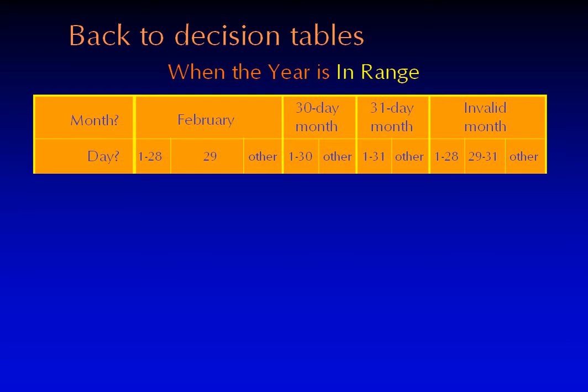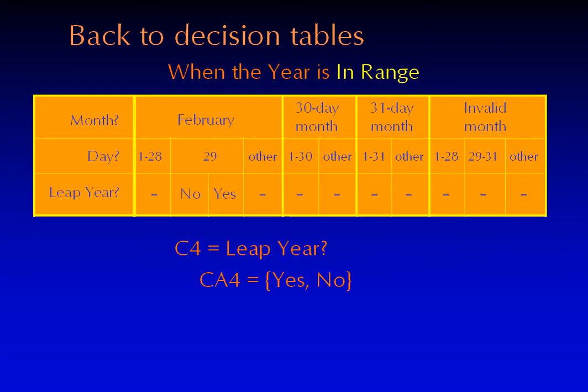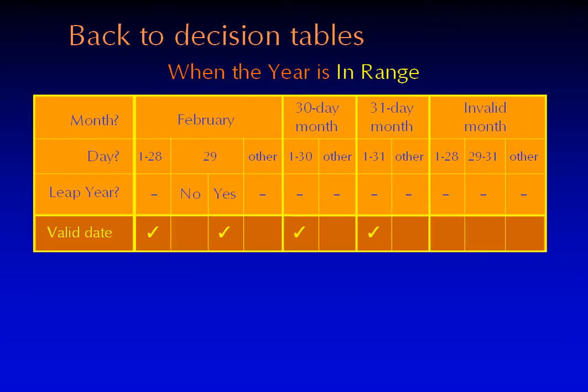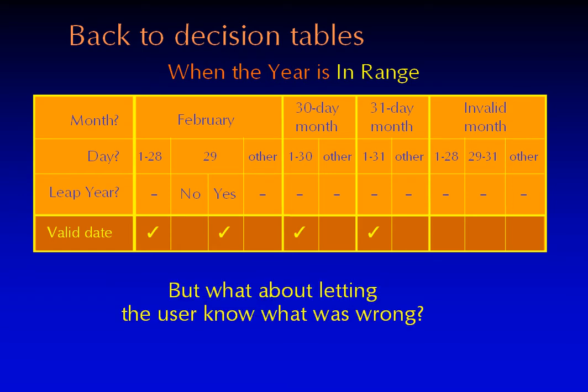February 29th is the only place where we will be interested in whether or not it is a leap year. So here we have our answers, the valid dates. When it is February 1 through 28 or February 29 in a leap year. When it is a day between 1 and 30 in a 30-day month, and a day between 1 and 31 in a 31-day month. But what about letting the user know everything that is wrong?